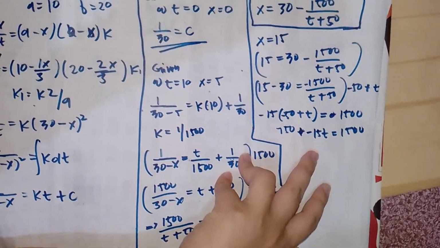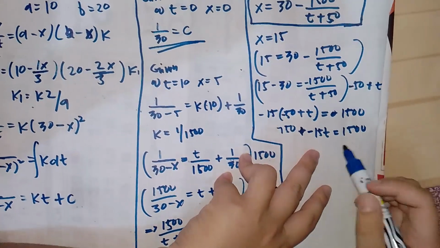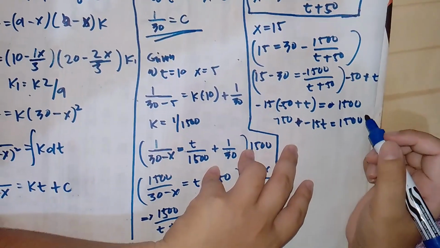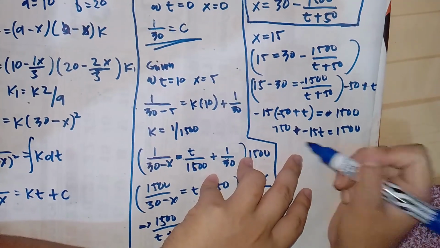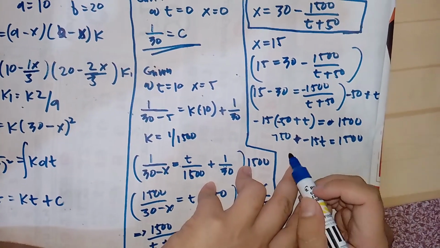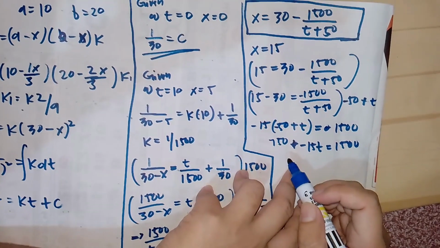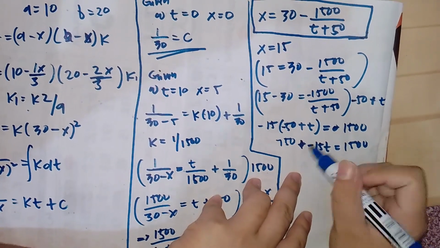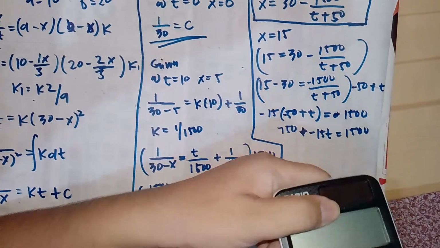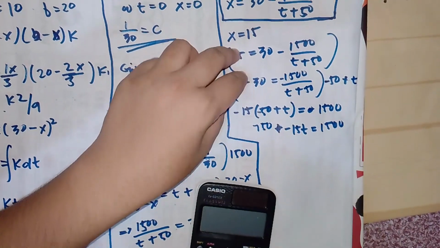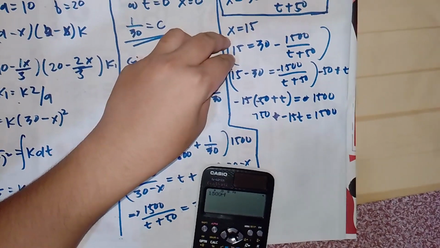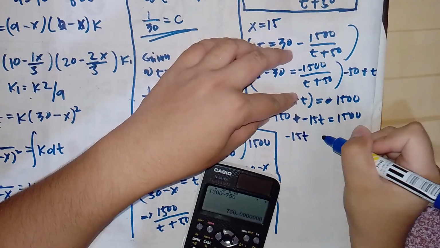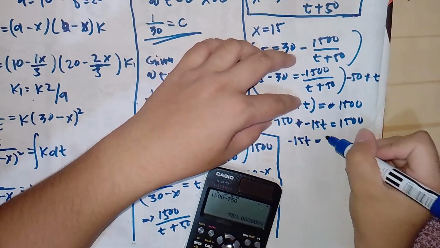So we have 1,500 minus 750, which is equal to 750. Let's check: 1,500 minus 750 is equal to 750. So negative 15t is equal to negative 750.